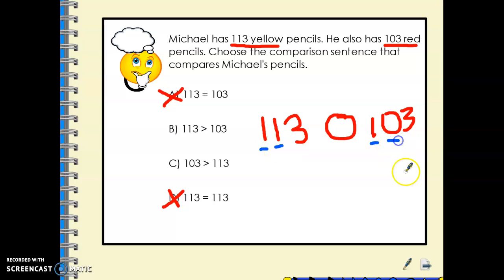This one has 0 tens. So this number is greater than. So 113 is greater than 103. So our answer that says that is choice B. B is our correct answer.